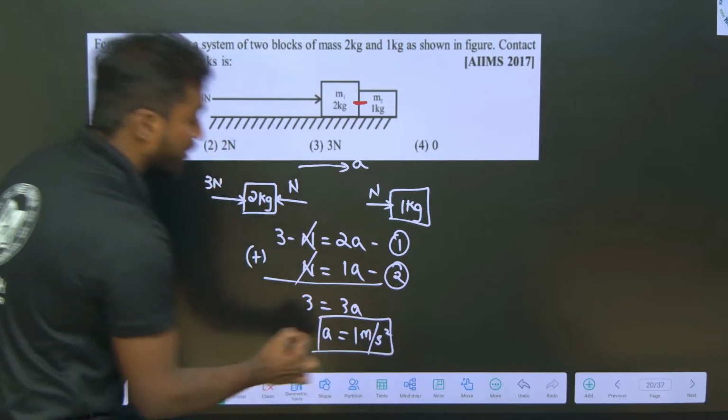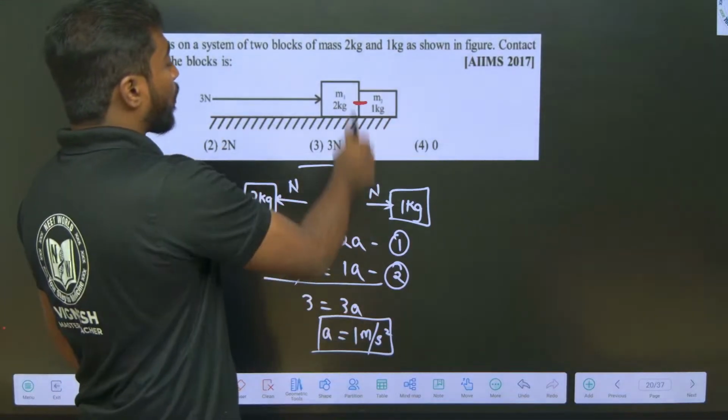This is my acceleration. Now they are asking what is the contact force.